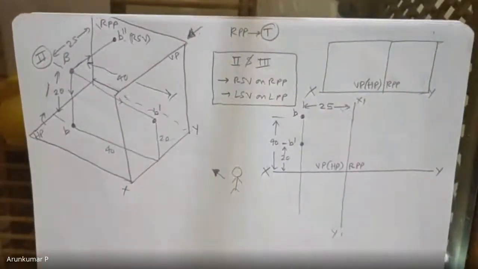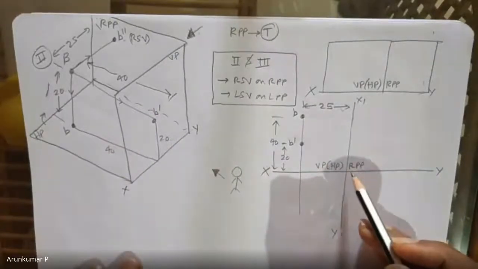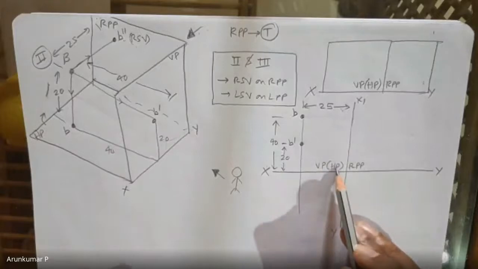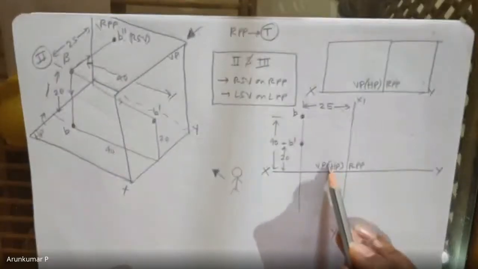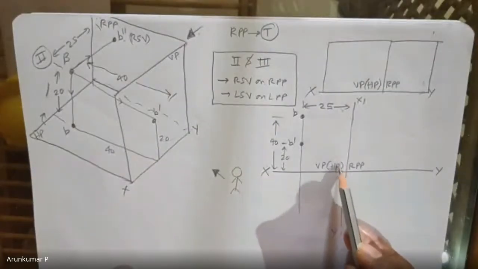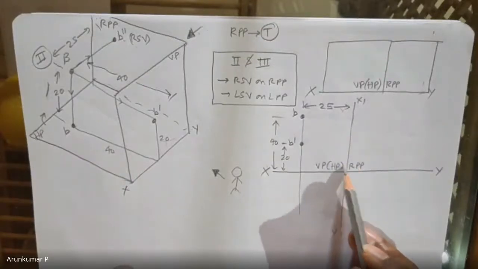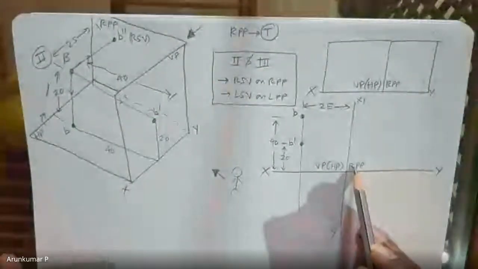What next? We have to get the side view, B double dash. To locate the side view, we need to locate the median first. So the median you are going to find beside what? Horizontal plane, HP. But here it is RPP, so what should we do?